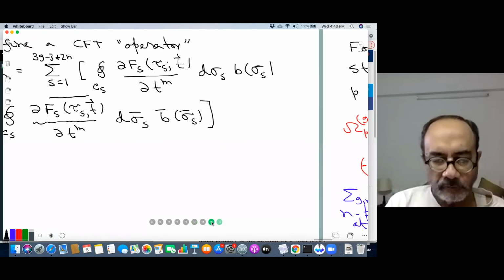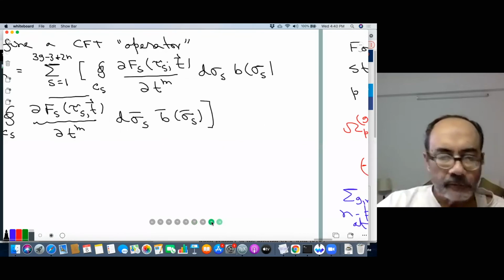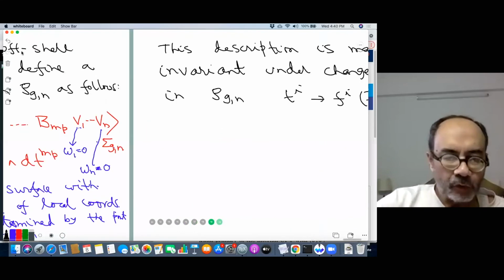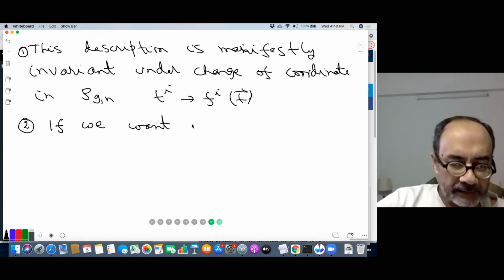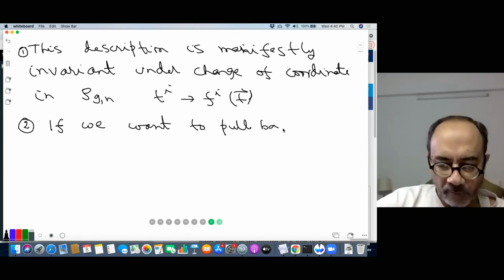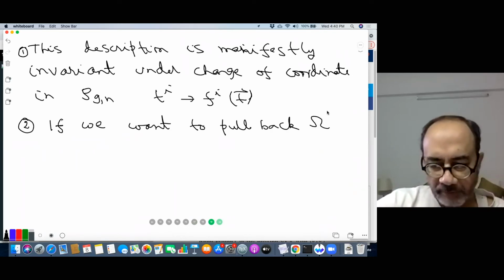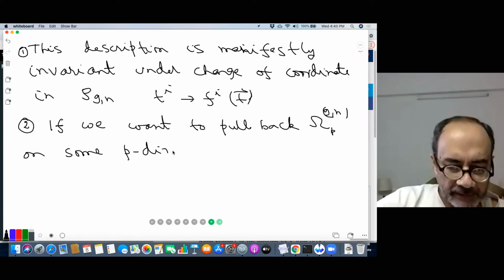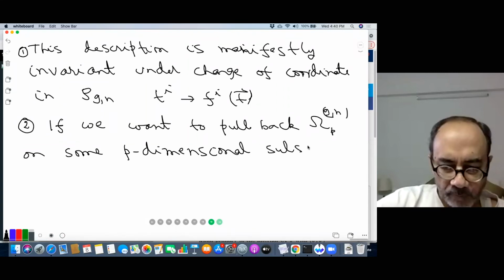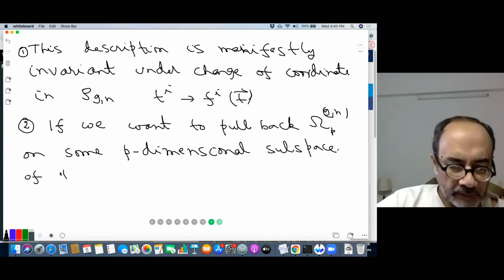The other useful information is that if we want to pull back this form omega g n p on some p-dimensional subspace of P g n.